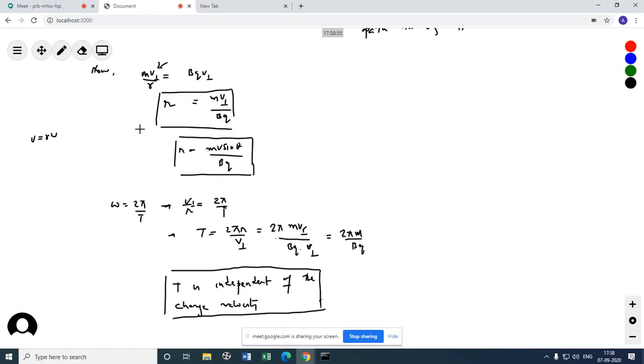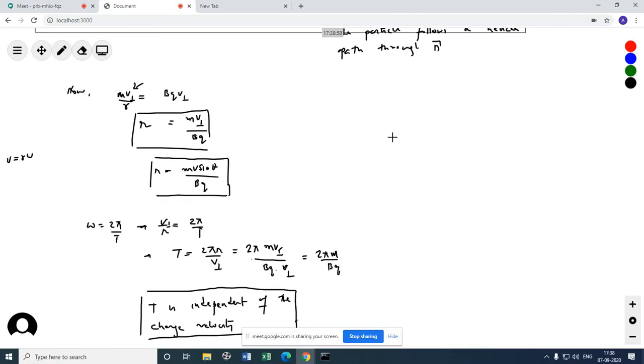Now we can also find something called the pitch. Pitch, P-I-T-C-H. Pitch is the linear distance traveled in one complete time period. What is time period? Time period is the time taken to complete one revolution.